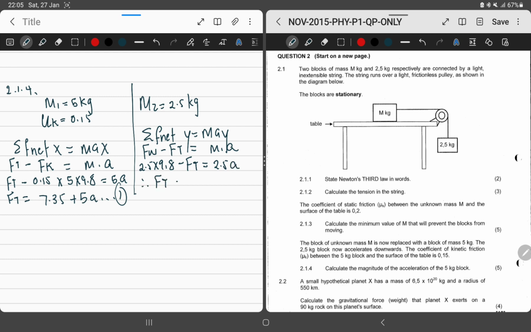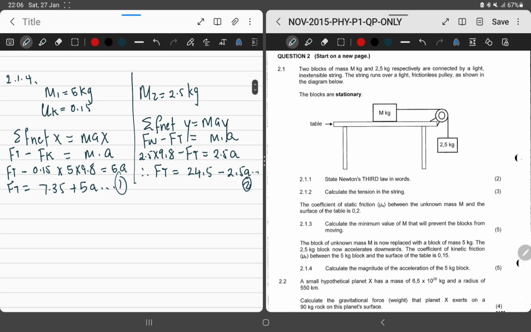The force of tension is equal to 2.5 multiplied by 9.8, which is 24.5 minus 2.5a, and this is equation 2.